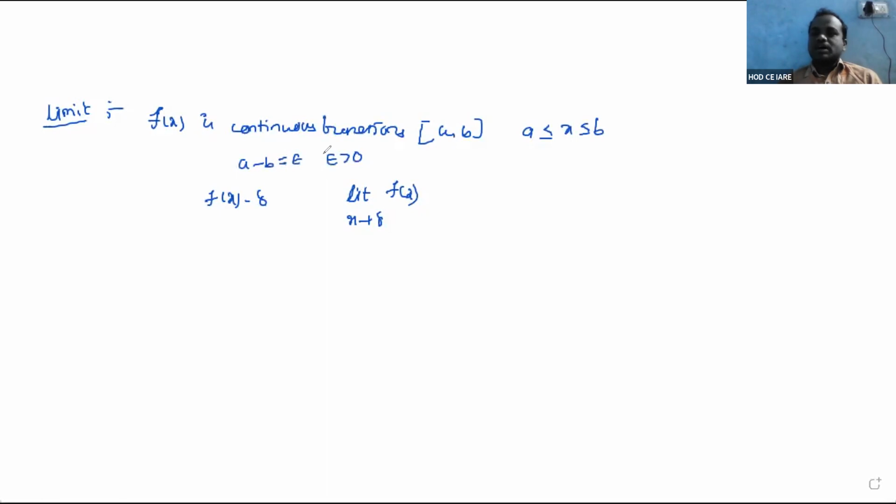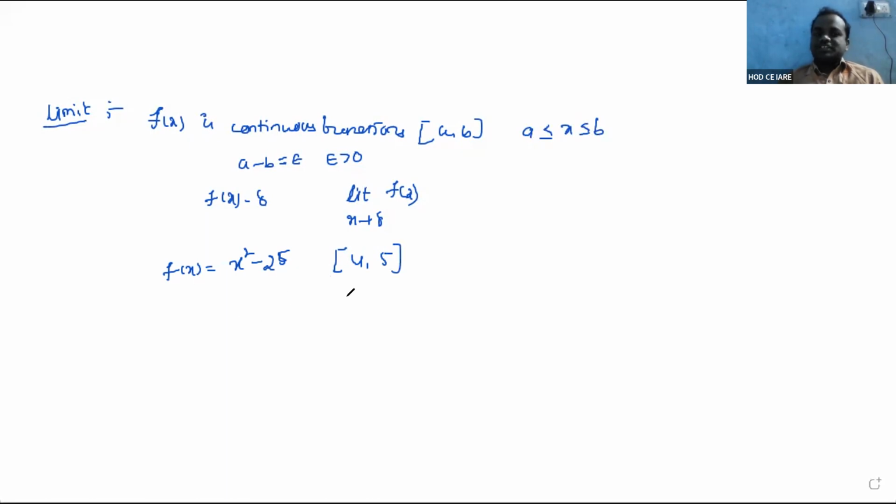For example, I will take f(x) equal to x square minus 25 in the interval 4 comma 5.